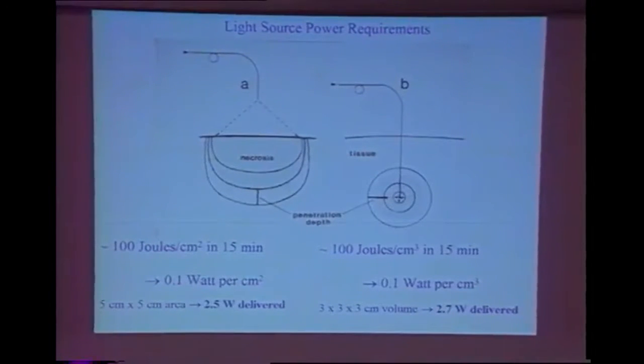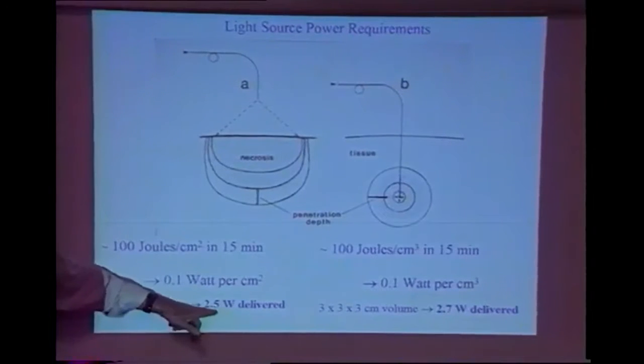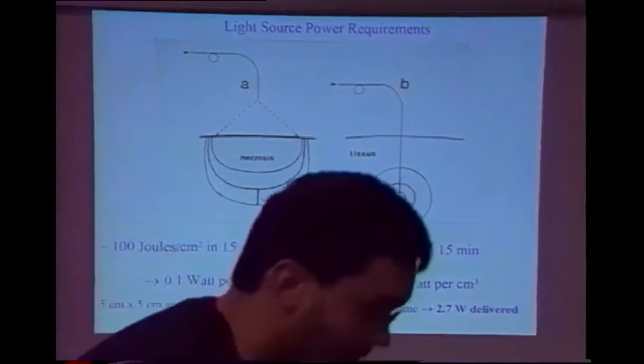If you're treating a 5 centimeter by 5 centimeter area, that means you need 2.5 watts. That's quite a lot of light, 2.5 watts at the specific wavelength.